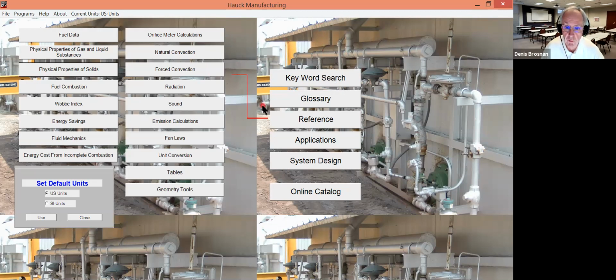So I'm going to ask you to open this program and look at some of the fuel data, look at some of the physical properties of gases, physical properties of solids, and become familiar with this part of the eSolutions program for combustion.